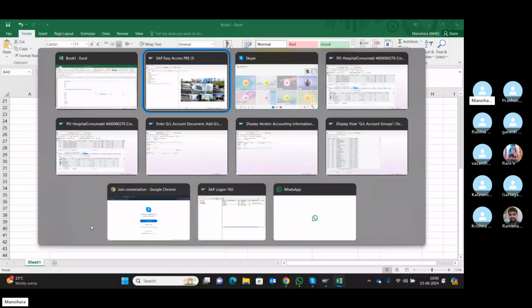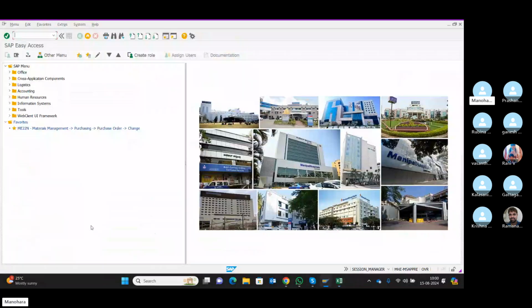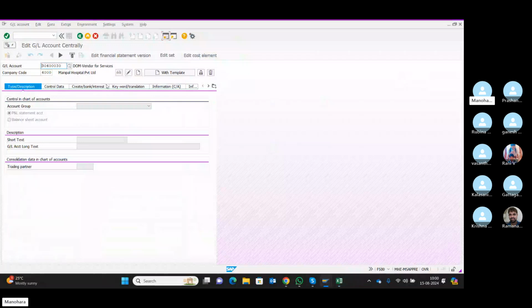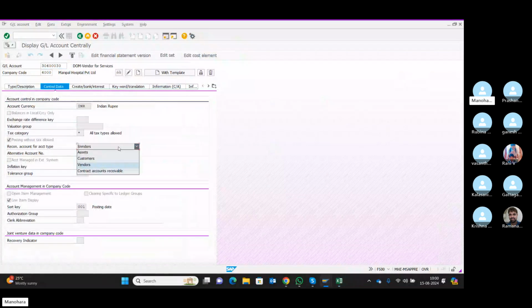Whenever you go to FS00, here we can find the reconciliation field. We give reconciliation only for contract accounts receivable, assets, customers and vendors, because these are the subledgers. These do not come under the main ledgers. Whichever accounts are given a reconciliation account, they come under subledgers only. We have to keep this in our mind.